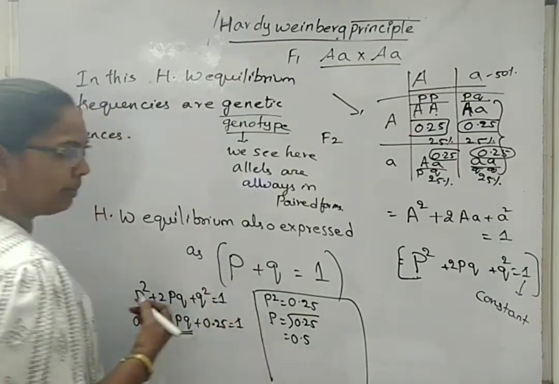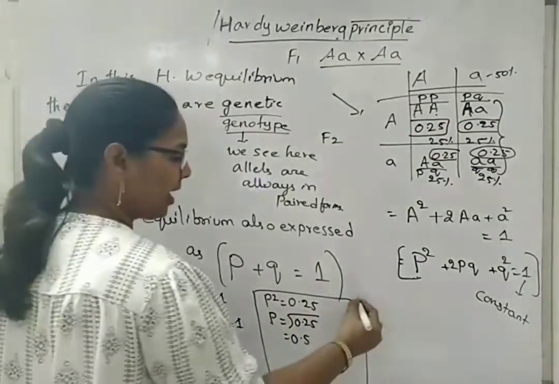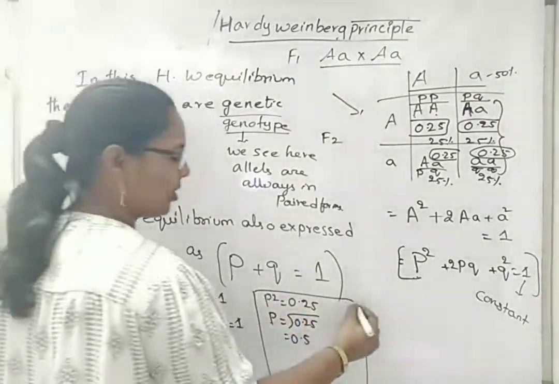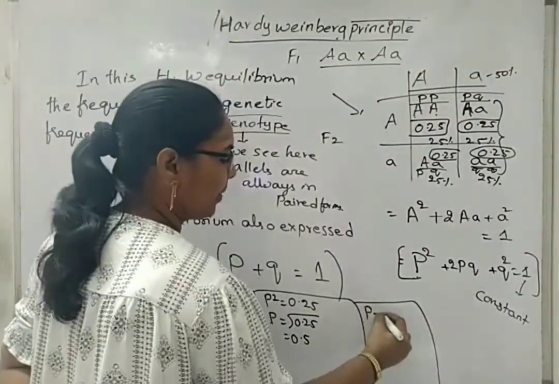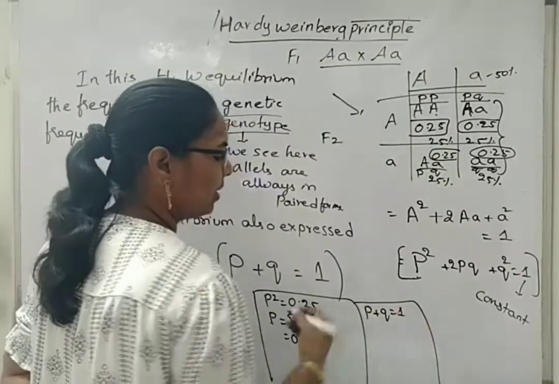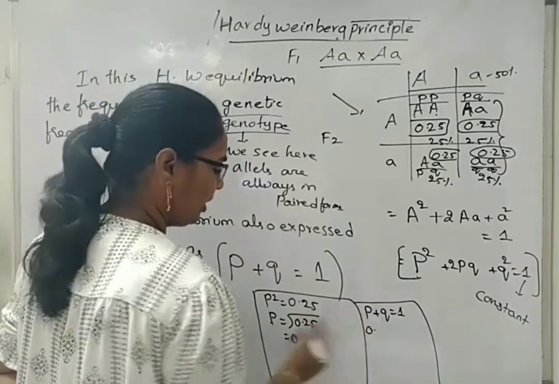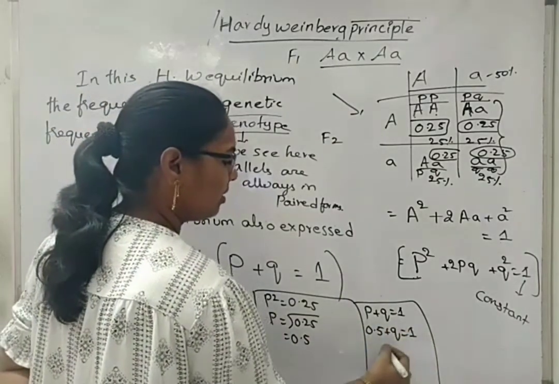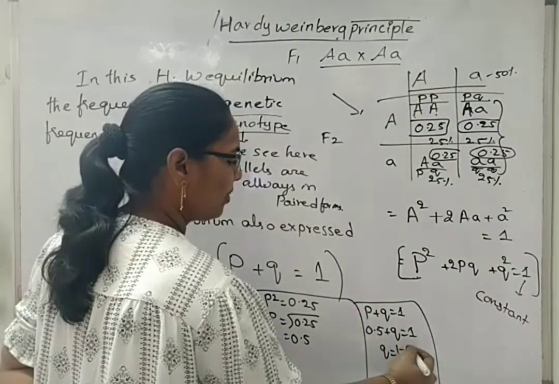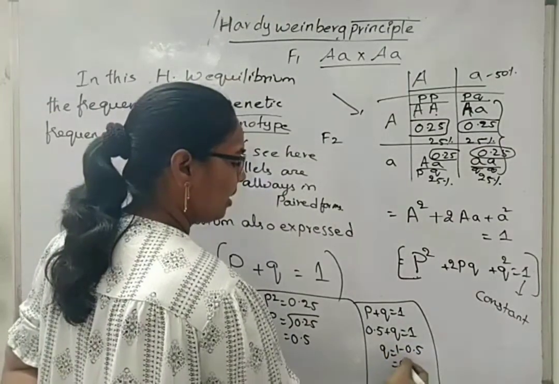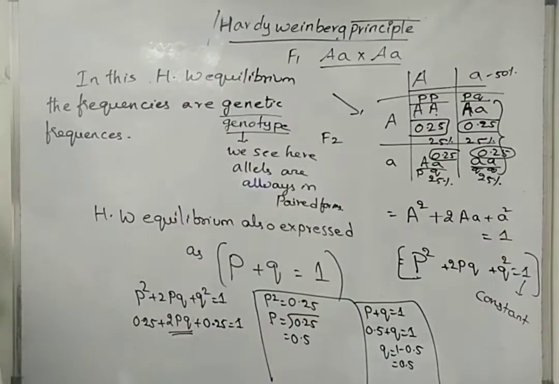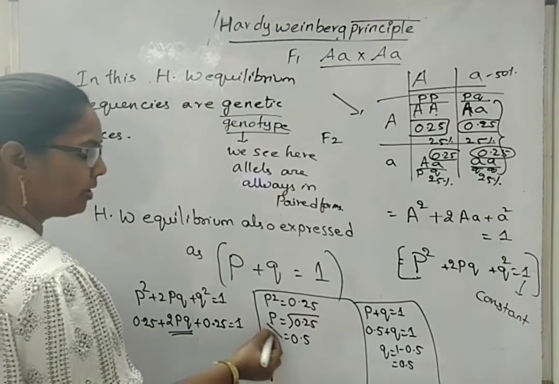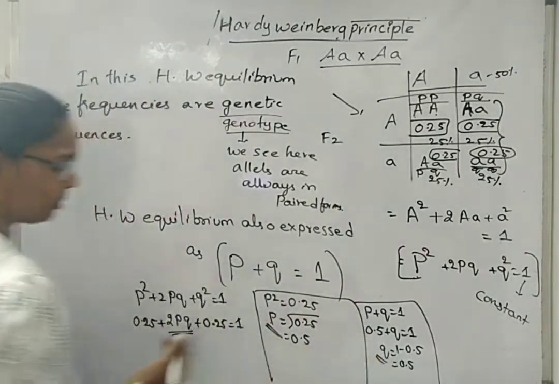So we have got P. Then apply the value of P in the above equation. Since P plus Q is equal to 1, with P as 0.5, 0.5 plus Q is equal to 1. So Q is equal to 1 minus 0.5, again 0.5. Now we have the values of P and Q separately.